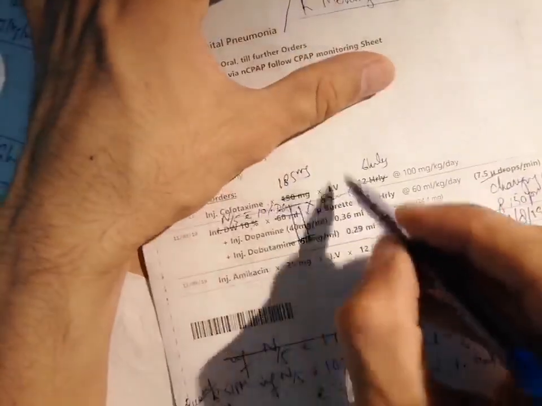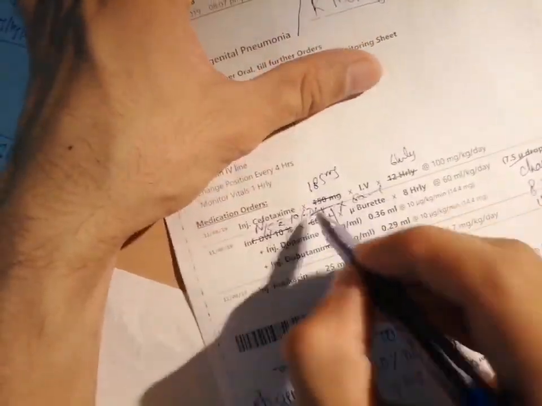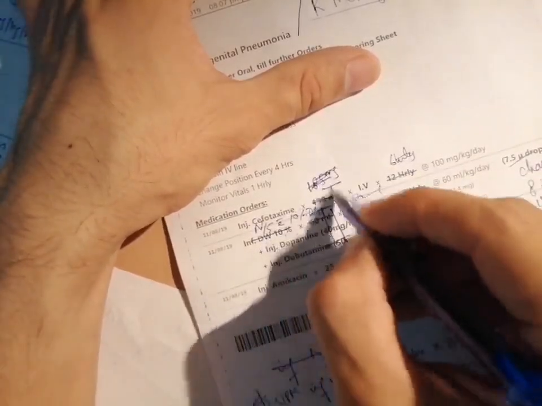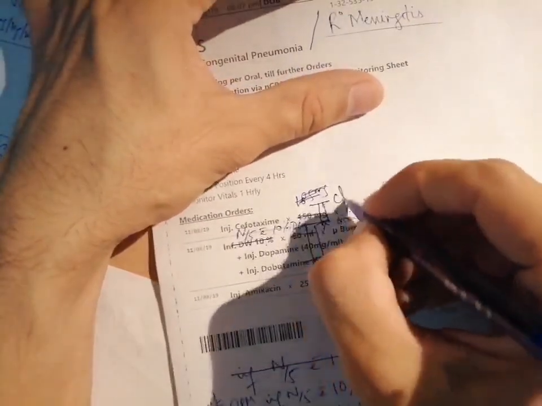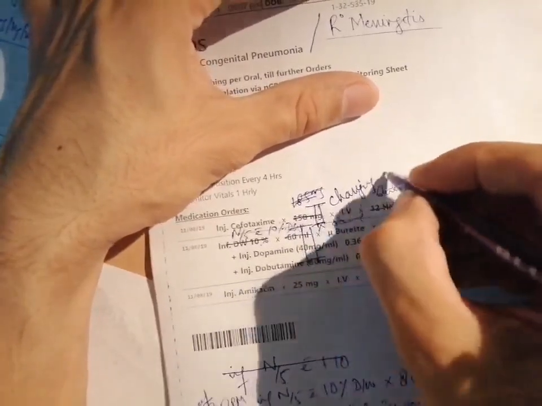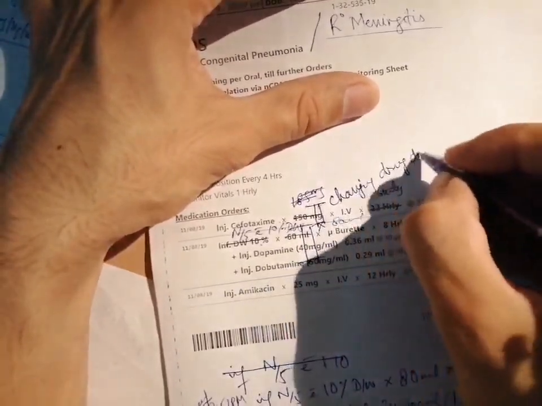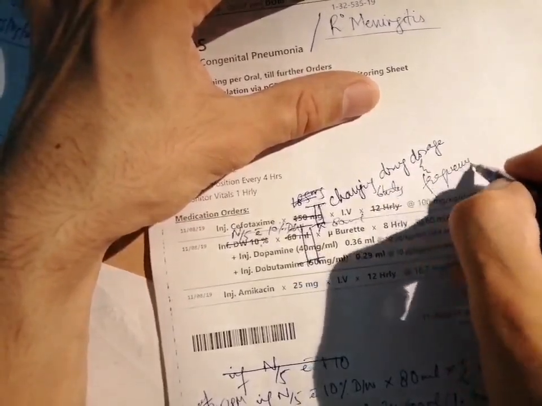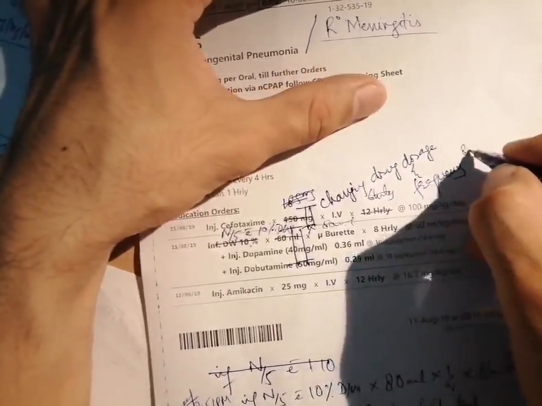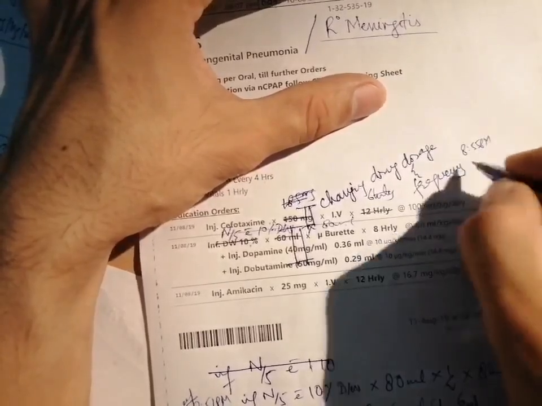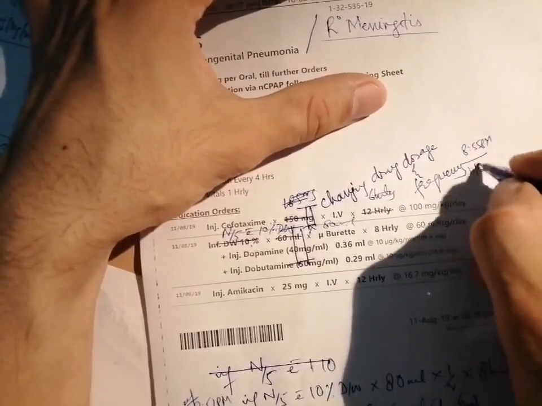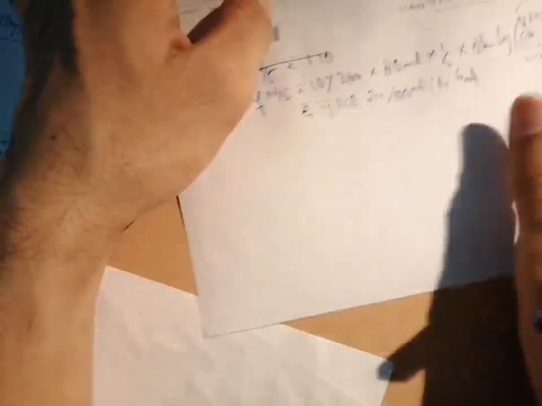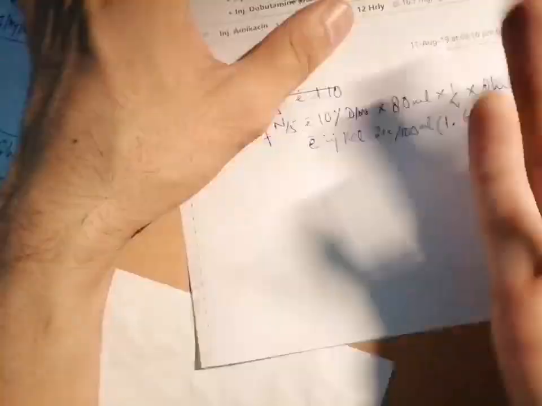No, this is one wrong practice. You must not do this overwriting. What should have been done is that you should have written here, changing drug dosage and frequency, and the time being 8:55 p.m. and the date is 11/8/19, and the newer drug orders must be written here, or better, take a printout from the computer.